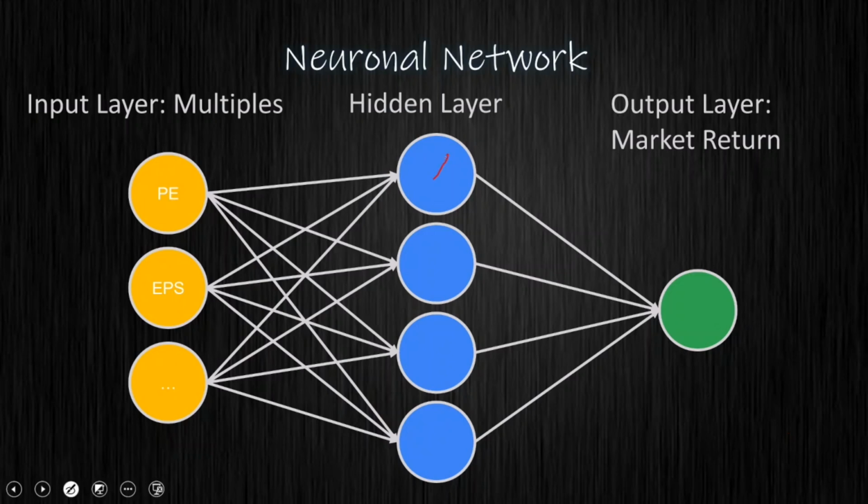For instance, the first one times 1, plus, let's say, 0.7, then maybe minus 0.3 or whatever. So any kind of combination, and then this would be, let's say, divided by 4. Any kind of combination of multiples that will give us, at the end of the day, the expected market return that we are looking for.